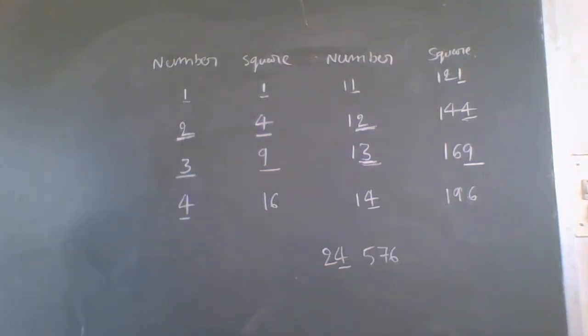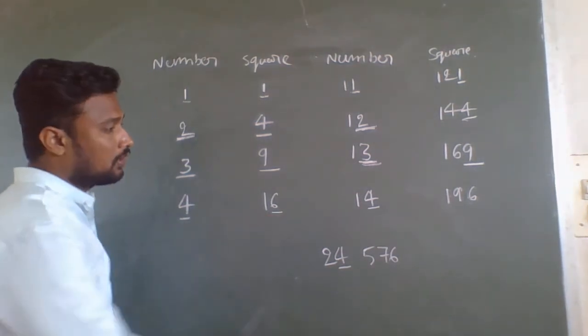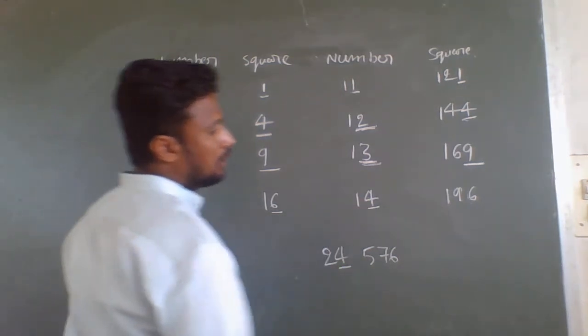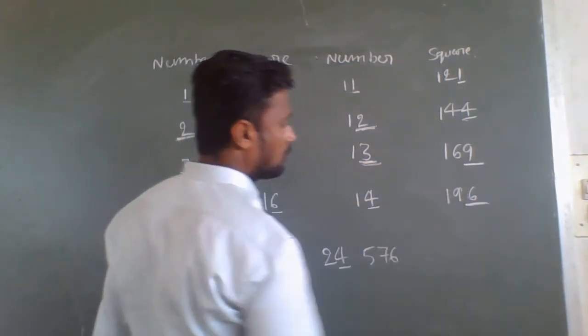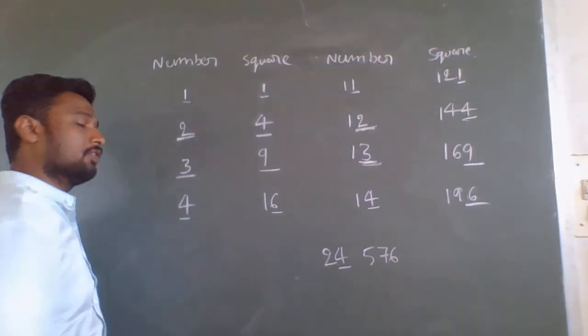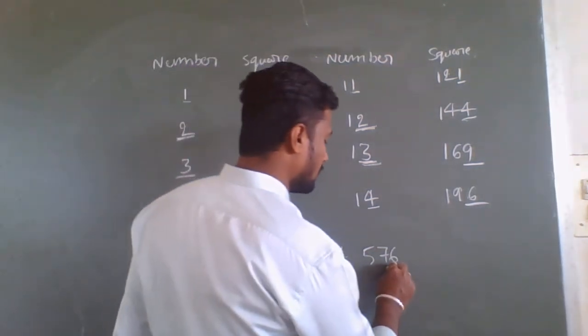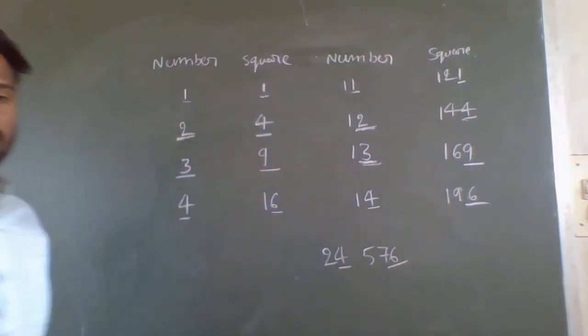Now square of 4 is 16, means ends with 6. Square of 14 is 196. Here also it ends with 6. And square of 24 is 576. Here also it ends with 6 only.